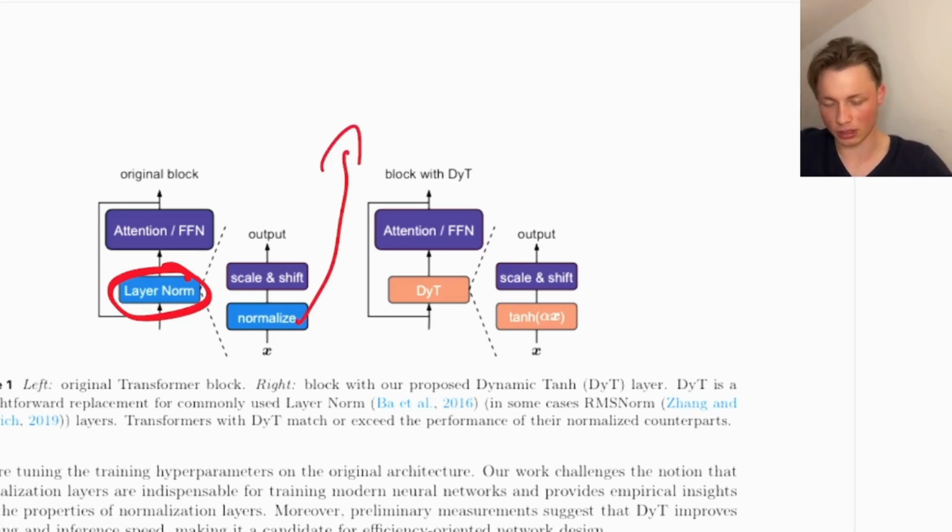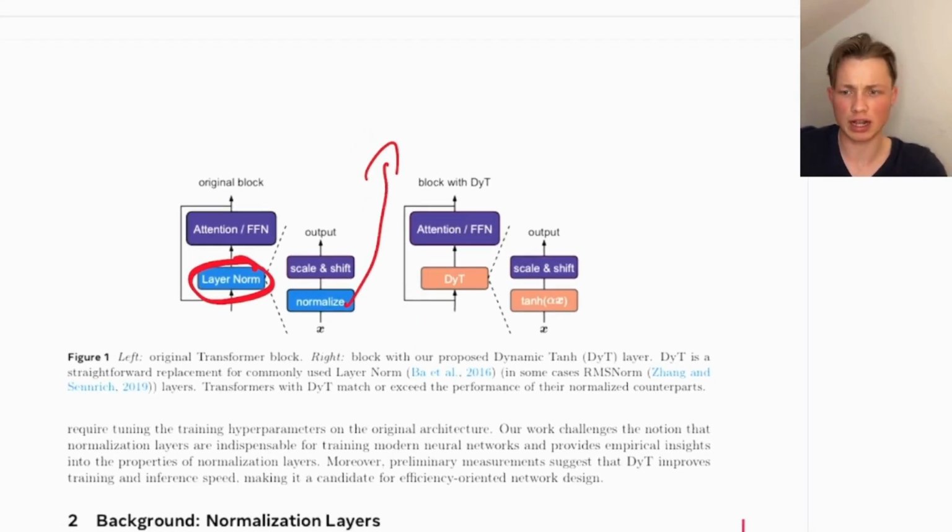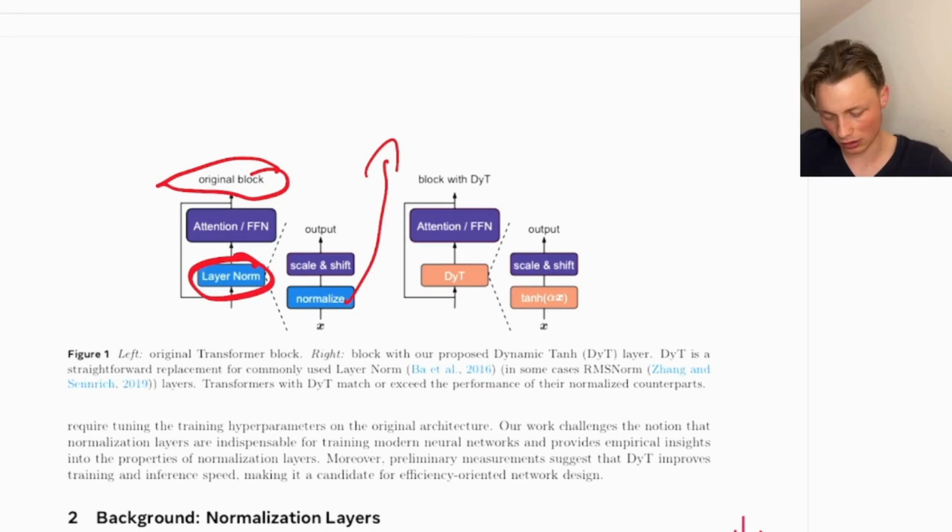Normalize is like the layer normalization, or you could also do batch norm, but in the transformer block, everyone actually uses LayerNorm or RMS norm. So we can see this original block on the left, and on the right we can see the solution, or the idea that these authors are showing.